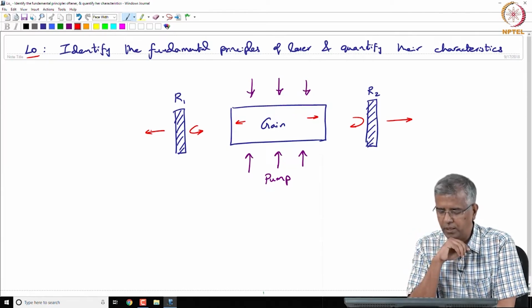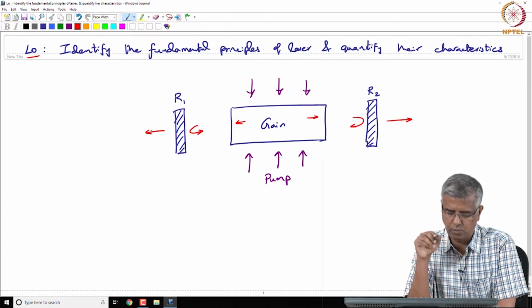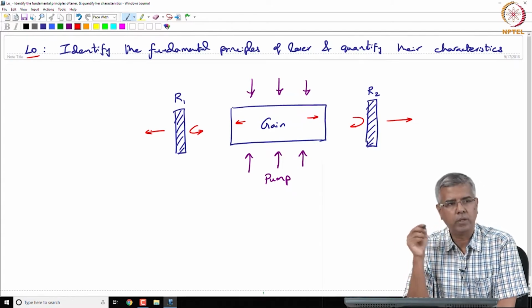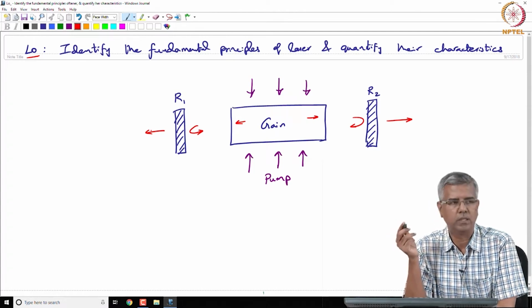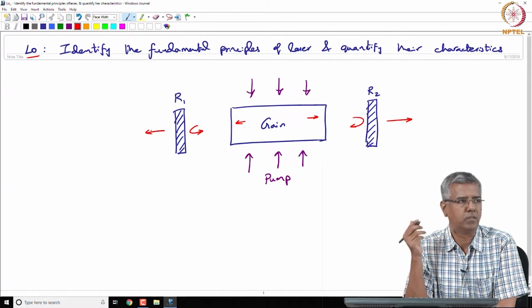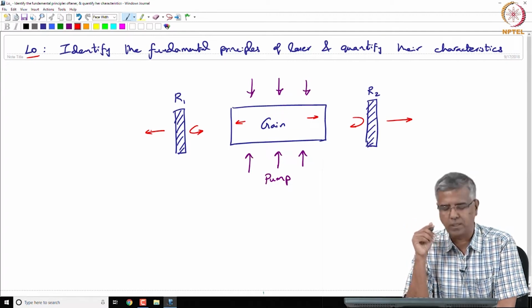Typically, in a laser we want to get directional radiation. So, we want everything to come out of one end. So, what we do is we try to make R1 as close to 100% as possible, so there is very little light coming from that side.